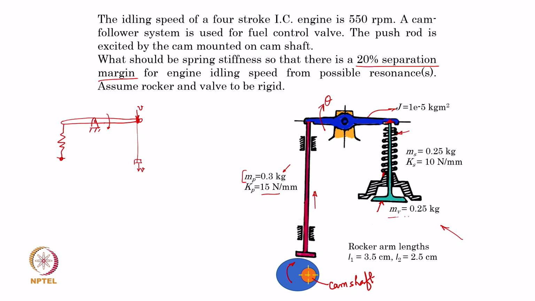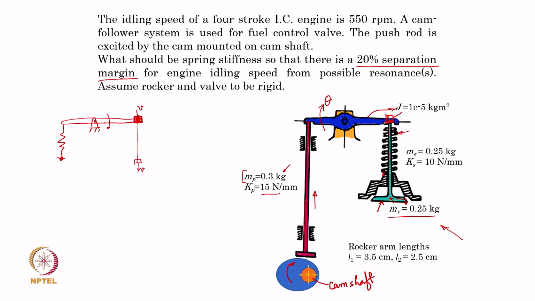The valve has been given with a mass of 0.25 kg. So, kinematically it can be treated like a lump mass attached to the end of this rocker arm. For the sake of considering its contribution to the kinetic energy of the system, we can as well consider the valve mass to be situated here, because the velocities, whether you consider it here or here, are going to be identical, except of course, if the valve itself deflects.